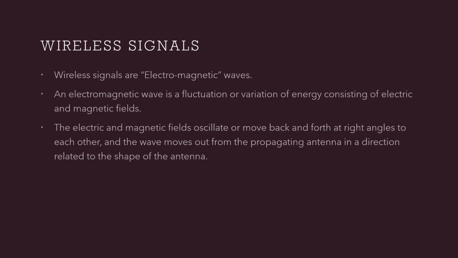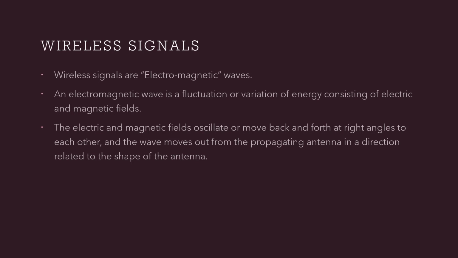So what happens in reality? The electric and magnetic fields oscillate. They are in fact at right angles to each other. That means the angle between the electric and magnetic fields is 90 degrees. They oscillate and they move out of the propagating antenna in a direction related to the shape of the antenna.